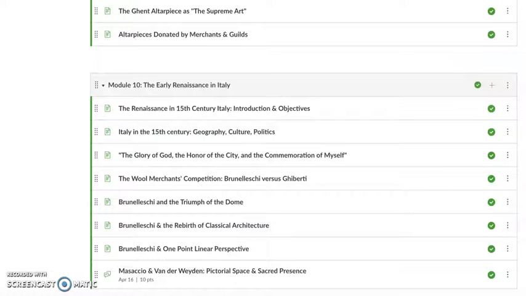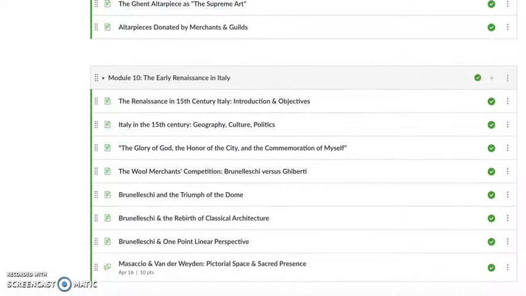One of the things I want you to train your eye and mind to see and think about clearly is space. If you look here, the discussion assignment that culminates this Module 10 is all about pictorial space.